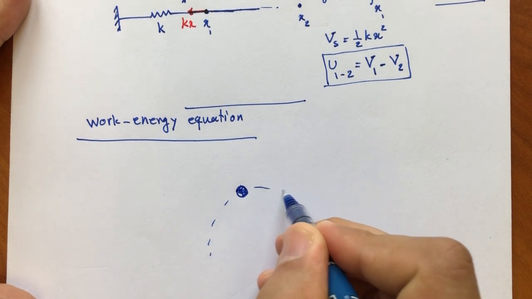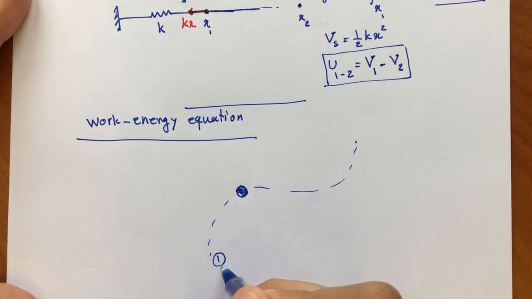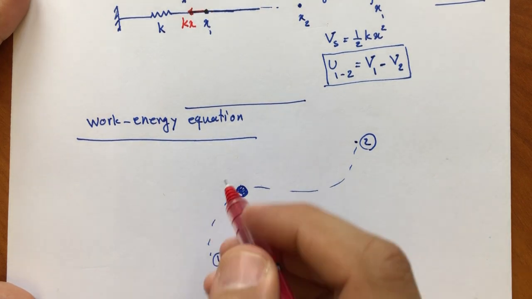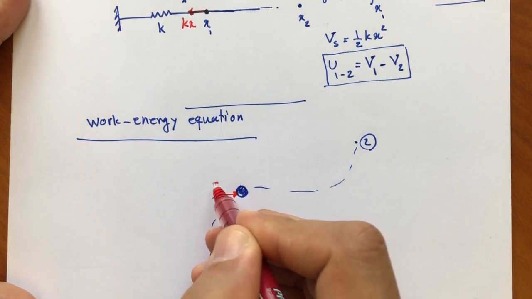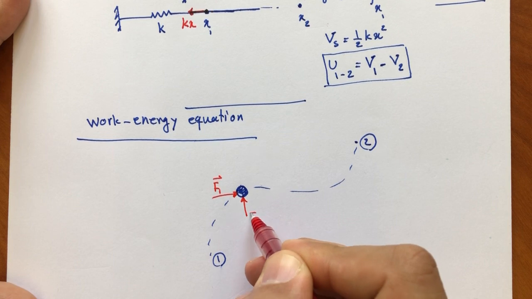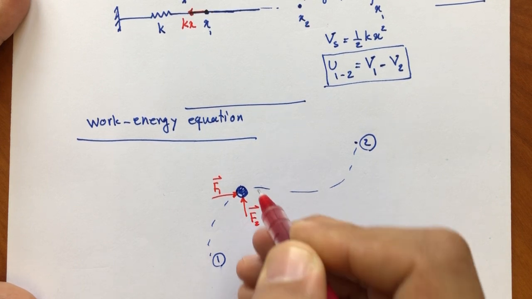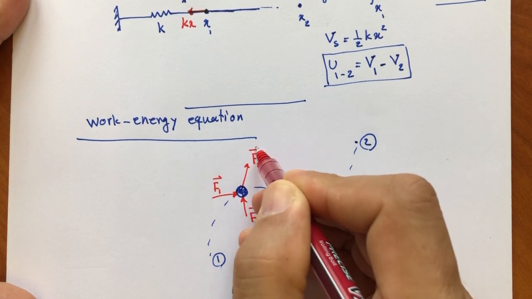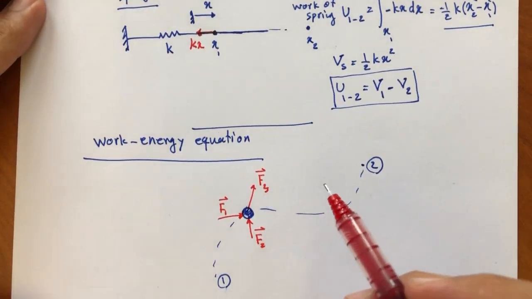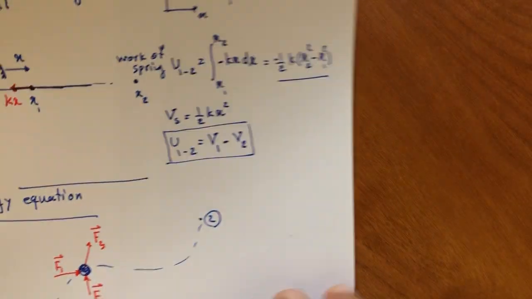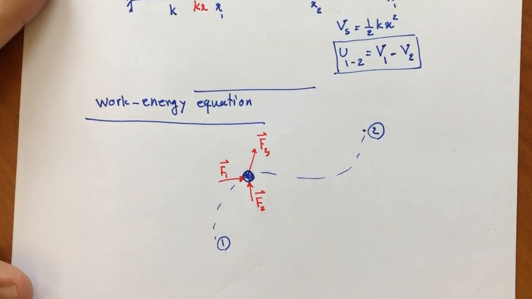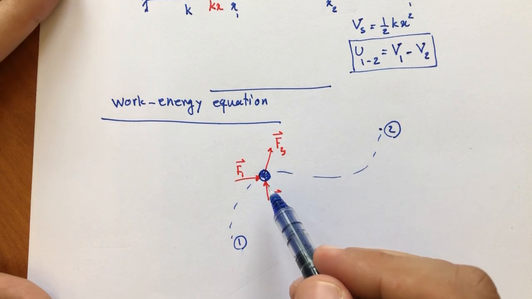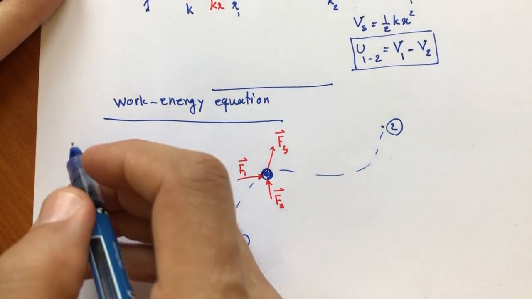Again, it moves from here to another point, from 1 to 2. And also we have a bunch of forces on it. In this part, I'm going to consider all the forces that we have on this particle. In all the previous steps, I assumed we have only one force, or I calculated the work of only one force. Here, I'm going to calculate the work of all the forces that we have in our system.